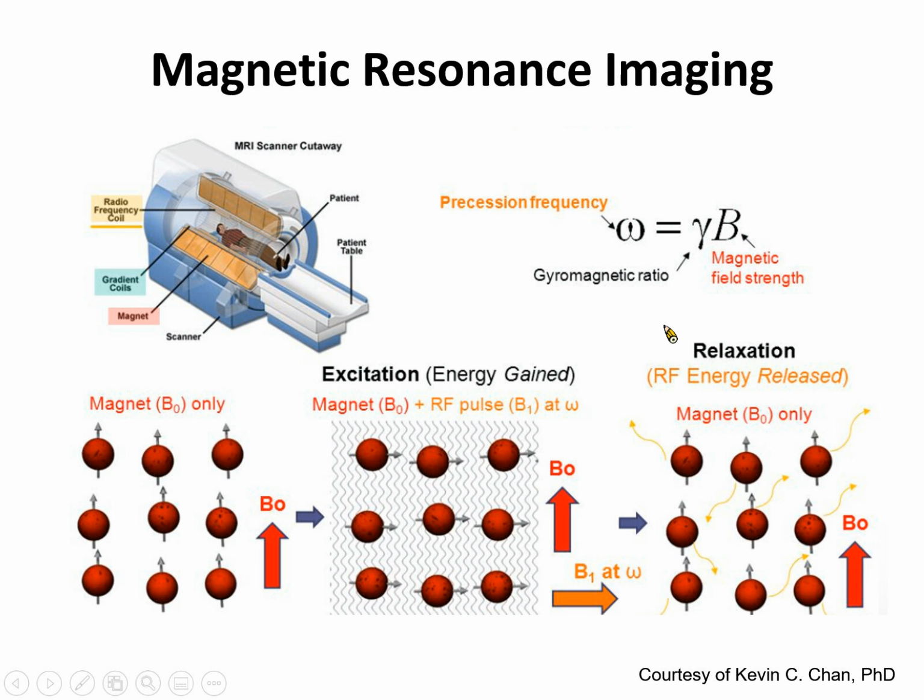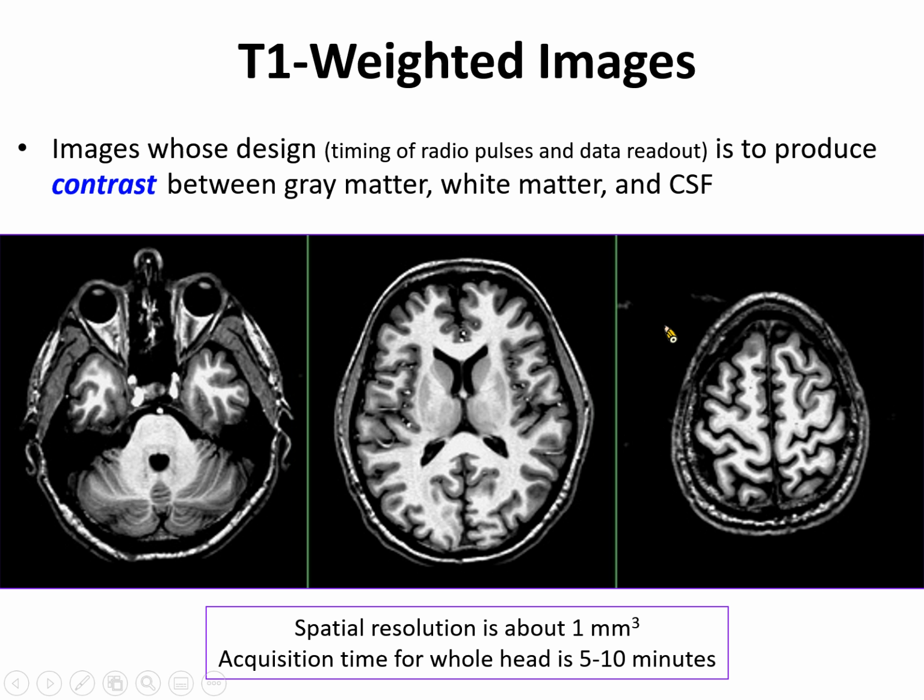This machine can really take a very high resolution picture of our brain. This is the result of MRI brain imaging. With the appropriate protocols, we can produce contrast between the gray matter, white matter, and cerebral spinal fluid.